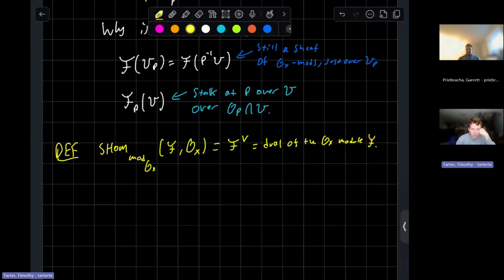OX is a structure sheaf, and then an OX module is a sheaf of abelian groups, otherwise known as modules, on X such that for every open set U in X, F of U is an OX module.